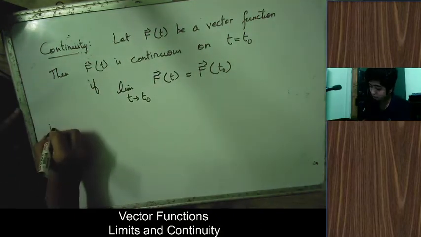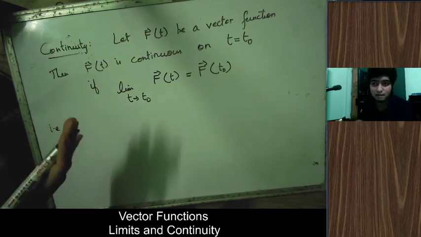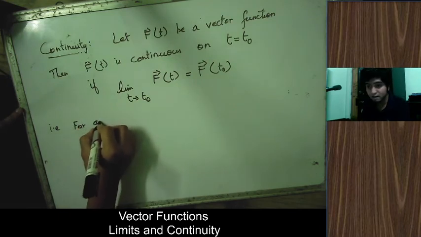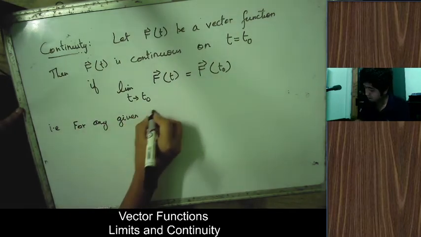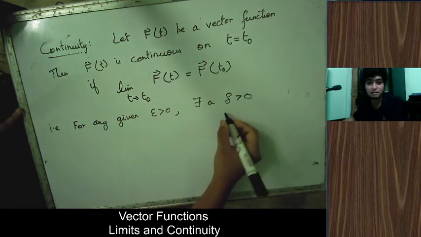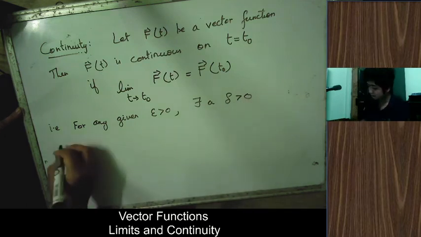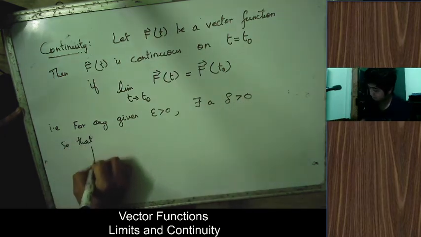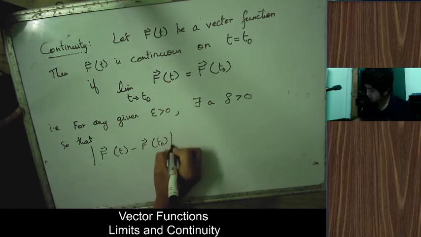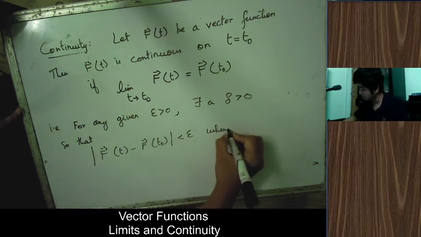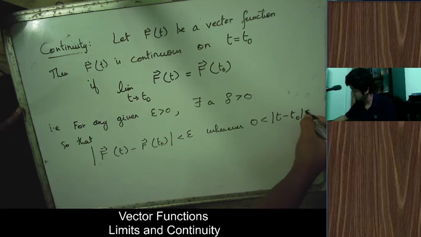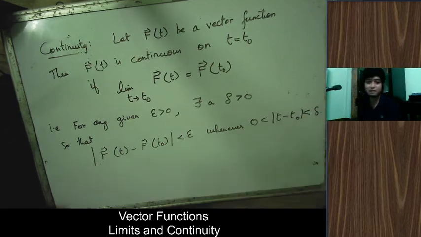If we want to write this in terms of epsilon and delta, we can write that for any given epsilon greater than 0, there exists a delta greater than 0, so that the magnitude of f(t) minus f(t naught) is less than epsilon whenever 0 is less than modulus of t minus t naught, which is less than delta.